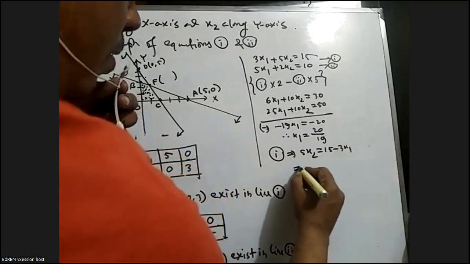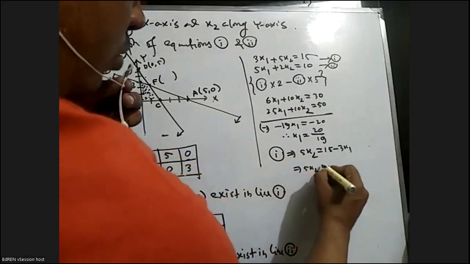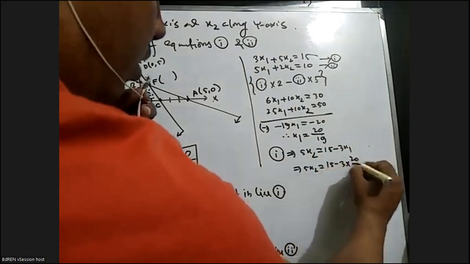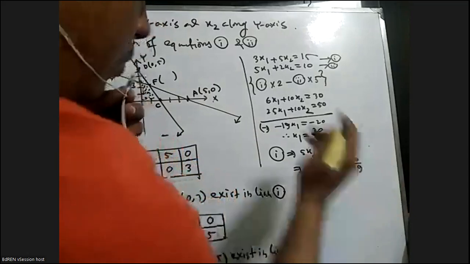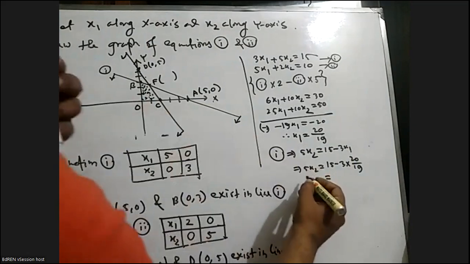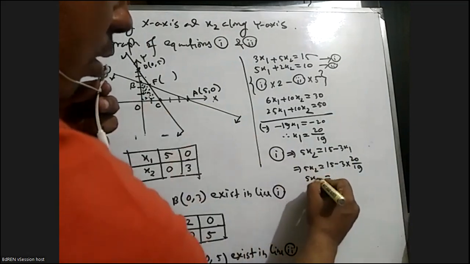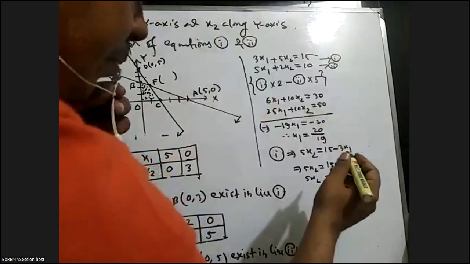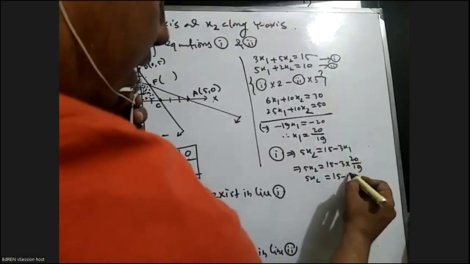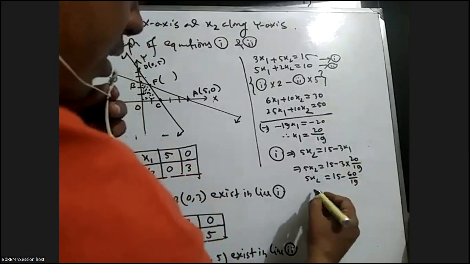So 5x2 equals 15 minus 3 multiplied by 20 by 19. So 5x2 equals what? 15 minus 60 by 19.